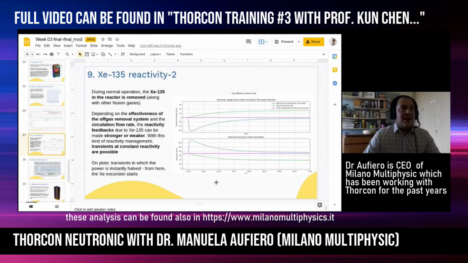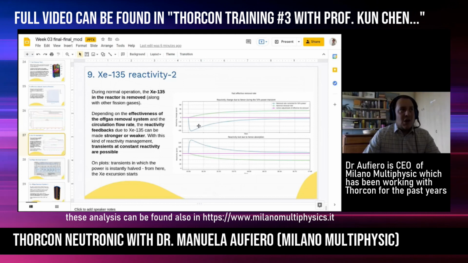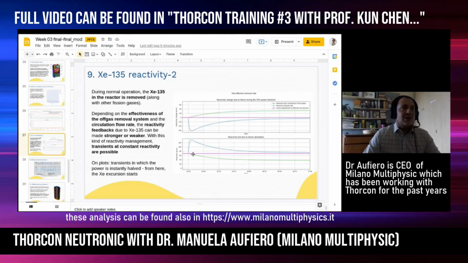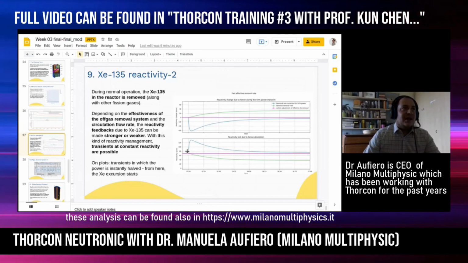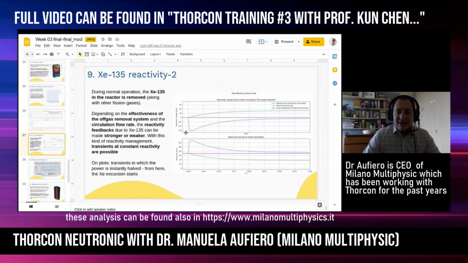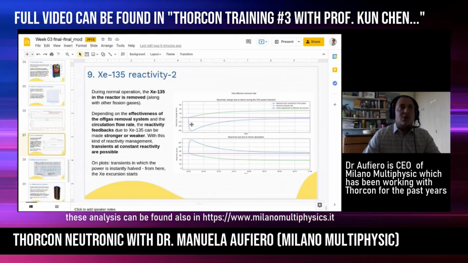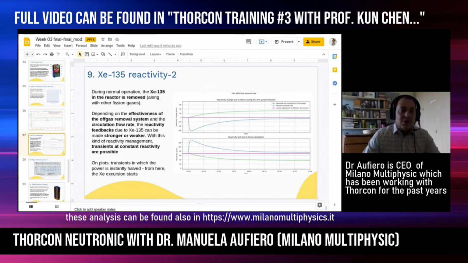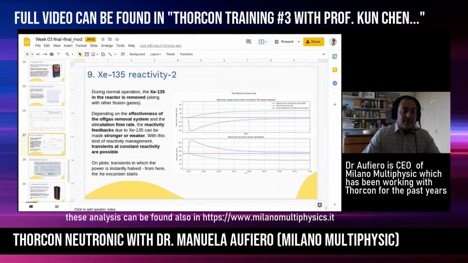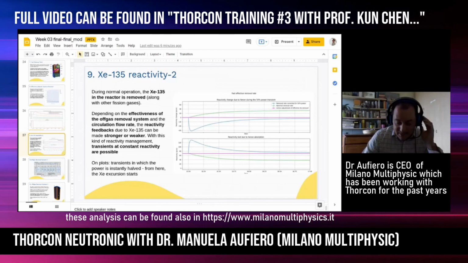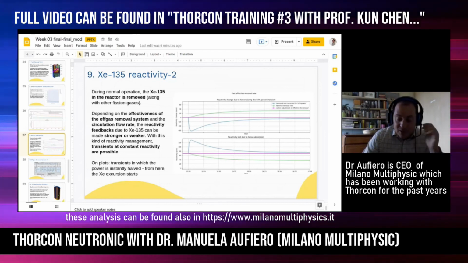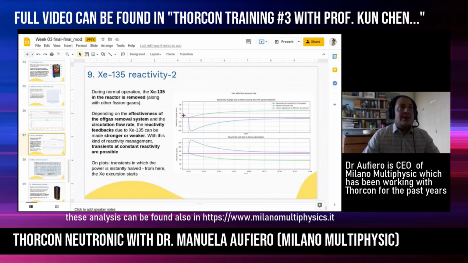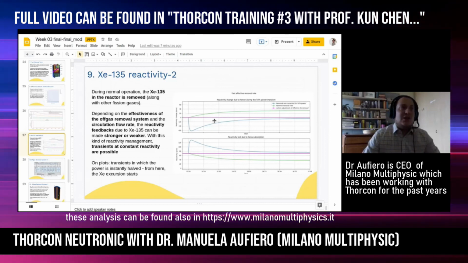So in a simplified way, regardless of the effectiveness in removing the xenon, we can assume that the ThorCon reactor, if it's possible to tune and change the effectiveness in removal in response to a transient, will always be able to maintain a net zero reactivity effect.